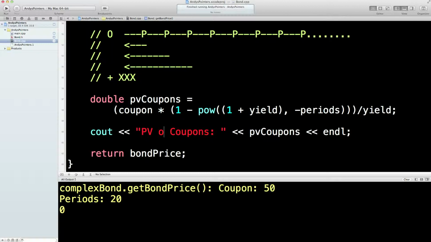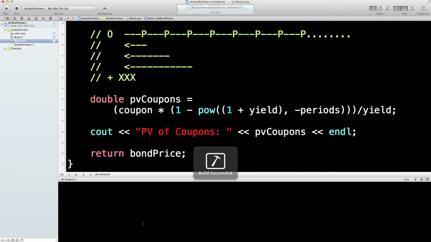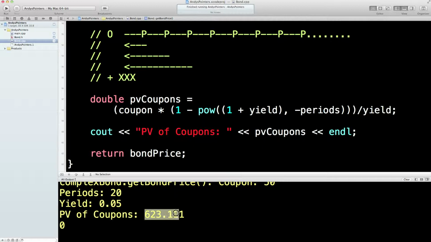Present value for coupons. It'll be a bit less than 1,000, I hope. Yeah, that's quite a lot less. I'm just going to trust that. That sounds about right. If it had come out as 6.23, or 6,000, I would have been a bit worried. That works for me.